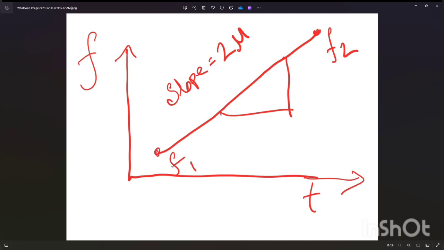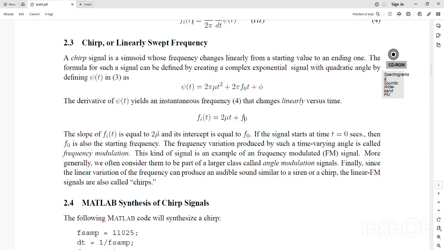If our first frequency is this one, and the ending frequency is f2, then your slope will be 2 mu, and this frequency changes linearly like this. 2 mu is the slope of this equation, and the intercept is equal to f naught. If the signal starts at time t equals 0 seconds, then f naught is also the starting frequency.